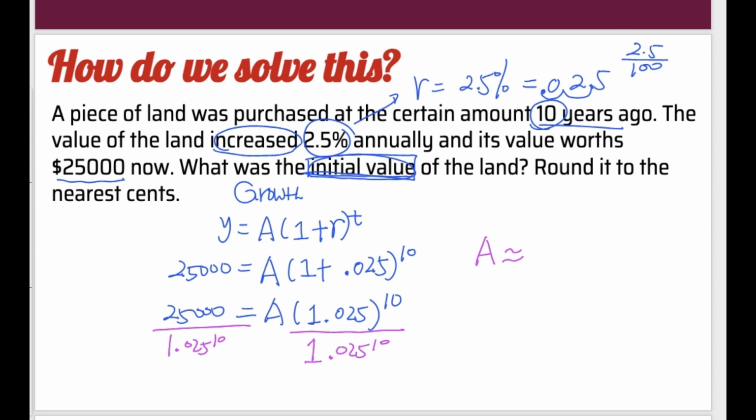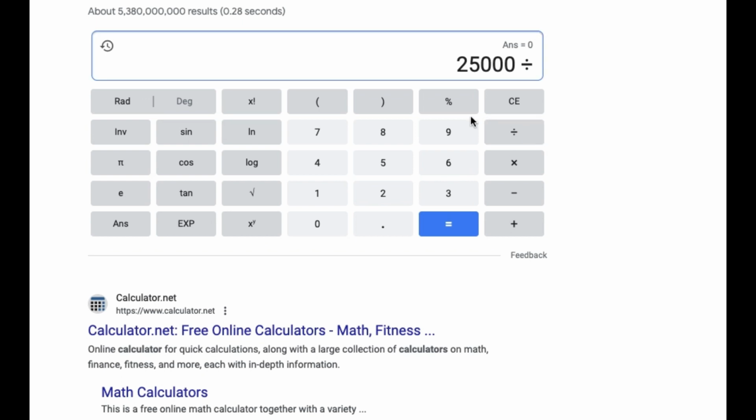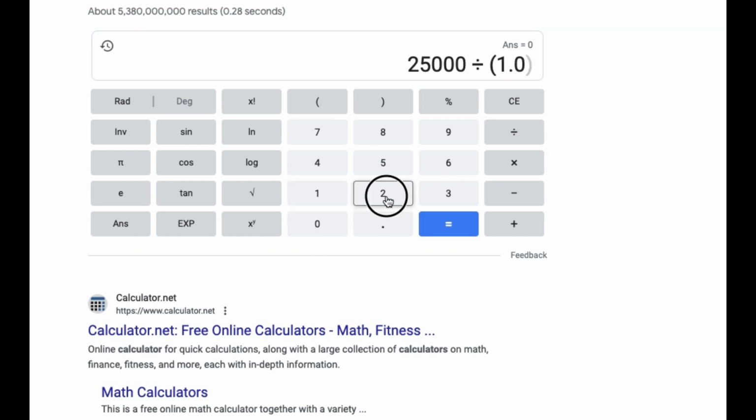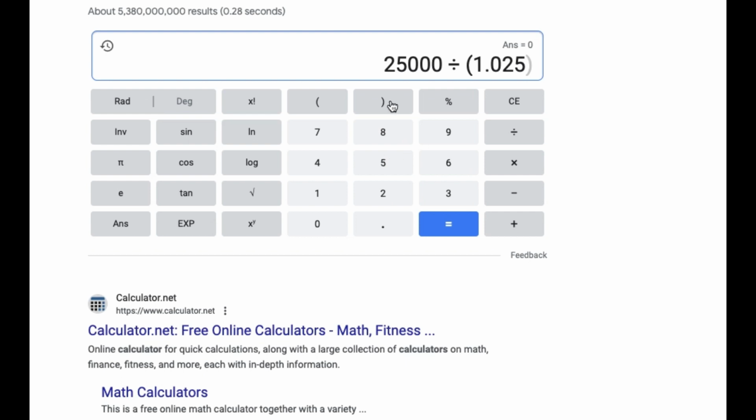We just put everything in the calculator: 25,000 divided by 1.025 to the 10th power. The answer asks us to round to the nearest cents, which is 2 digits after the decimal.